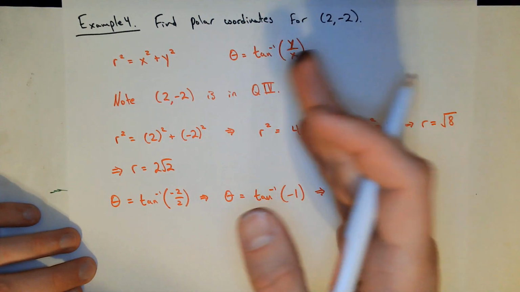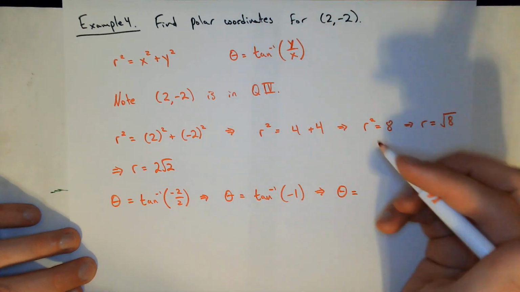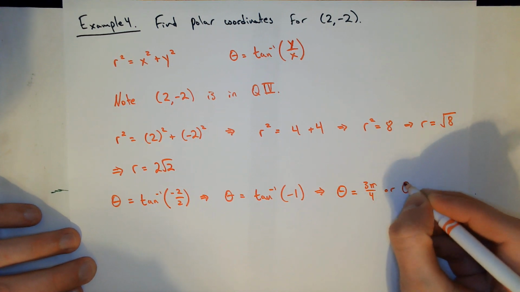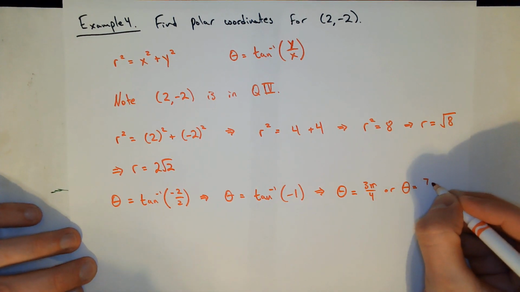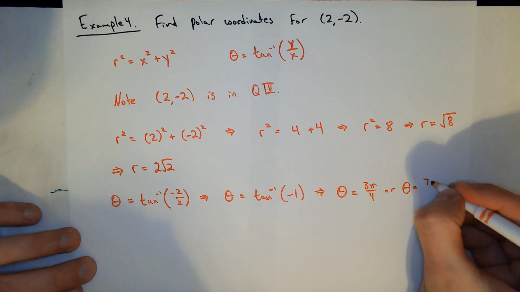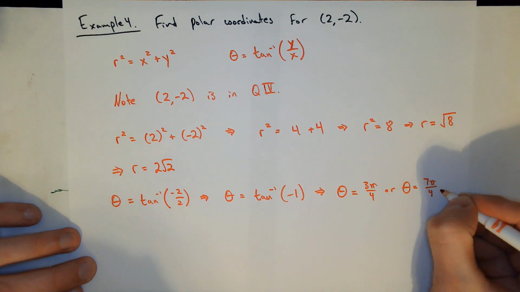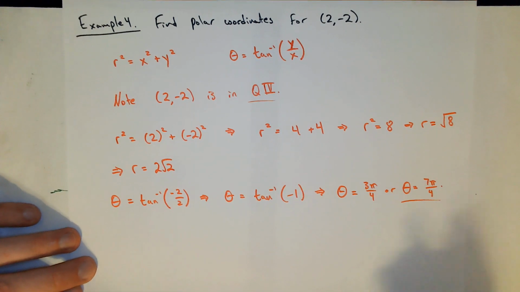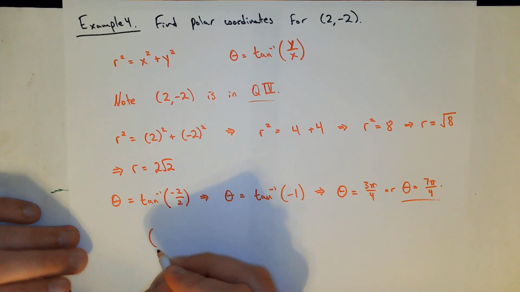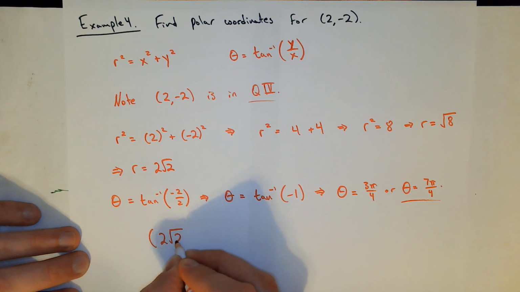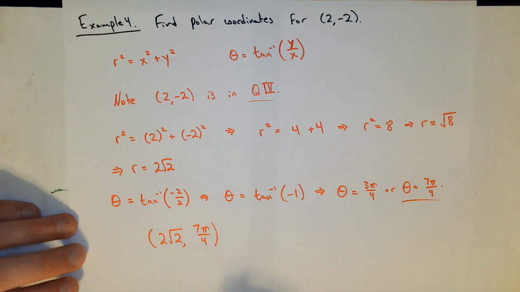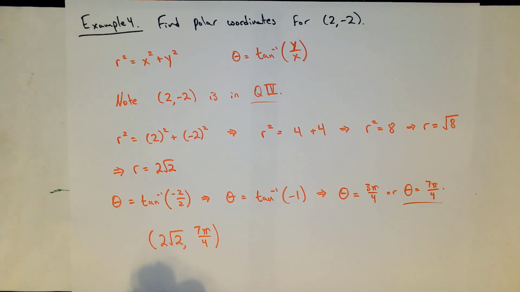In quadrant 2, which is 3 pi on 4, or theta is the one in quadrant 4, which is 7 pi over 4. But of course, I've already noted we're in quadrant 4, so this is the angle that we want. So the coordinate point in polar form is that: 2 square root of 2 for r, 7 pi over 4 for theta.